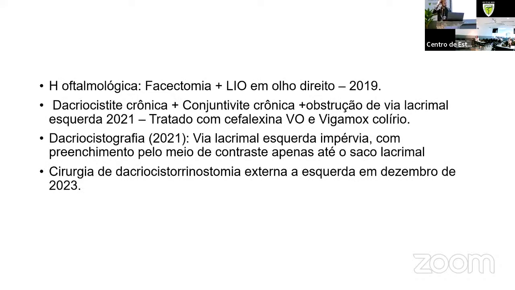Her ophthalmologic past: she had phaco surgery in the right eye in 2019, and in 2021 she had chronic dacryocystitis, chronic conjunctivitis, and left lacrimal obstruction in the left eye.